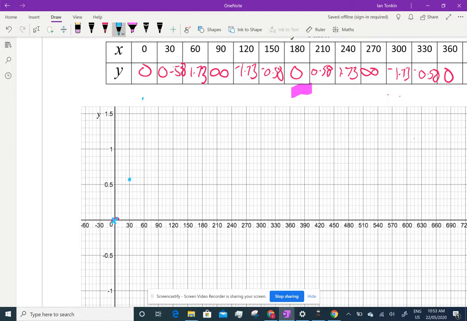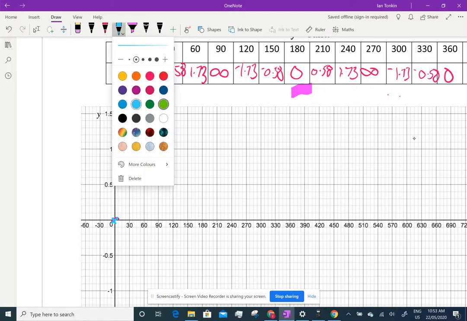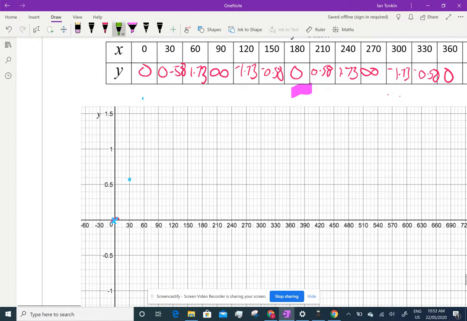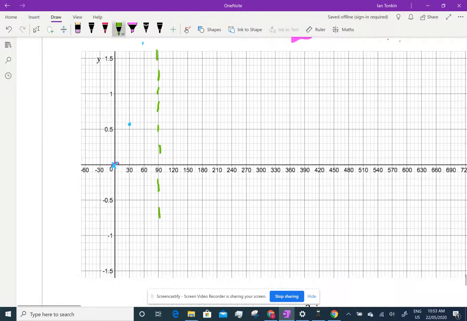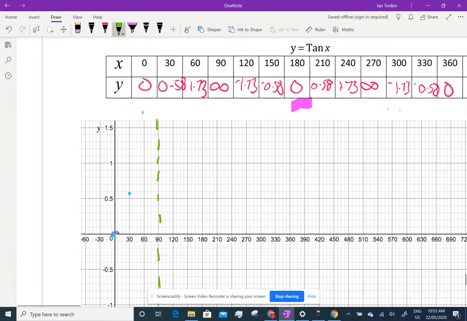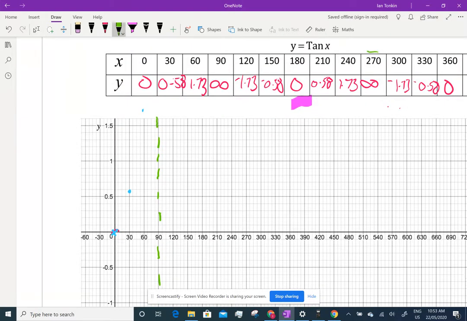What I'm going to do is draw in a special thing here at 90, and I'm going to dot it. And this is called, and we've already discussed it, a limit which the graph is going to approach, and hence we call it an asymptote. It cannot touch it. And we know there's another one of those at 270. Look over here. So at 270, we've got the same thing happening. So we'll put that in.